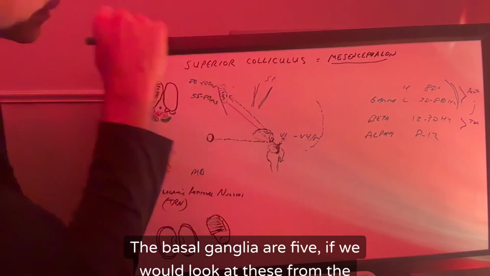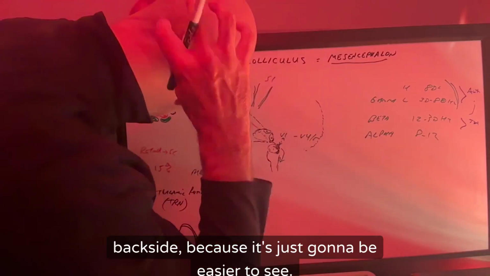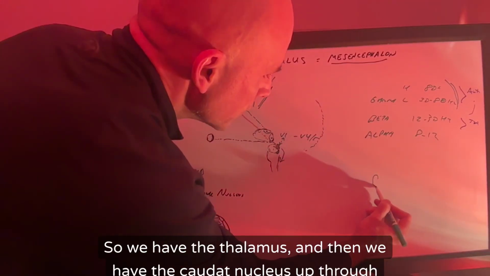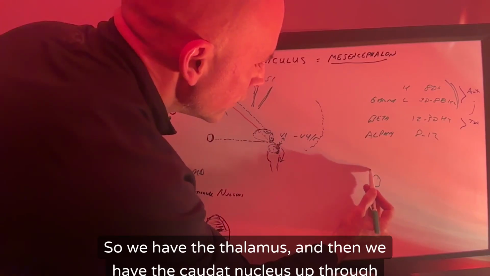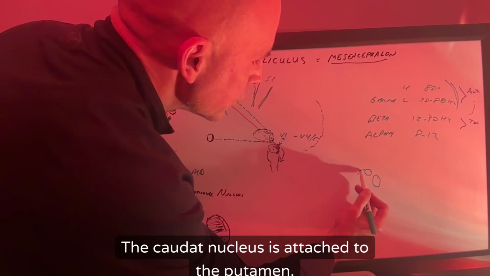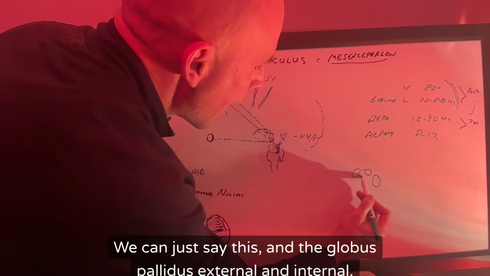The basal ganglia are five, if we would look at these from the back side, because it's just going to be easier to see. So we have the thalamus, and then we have the caudate nucleus up through here. The caudate nucleus is attached to the putamen. We could just say this, and the globus pallidus external and internal.